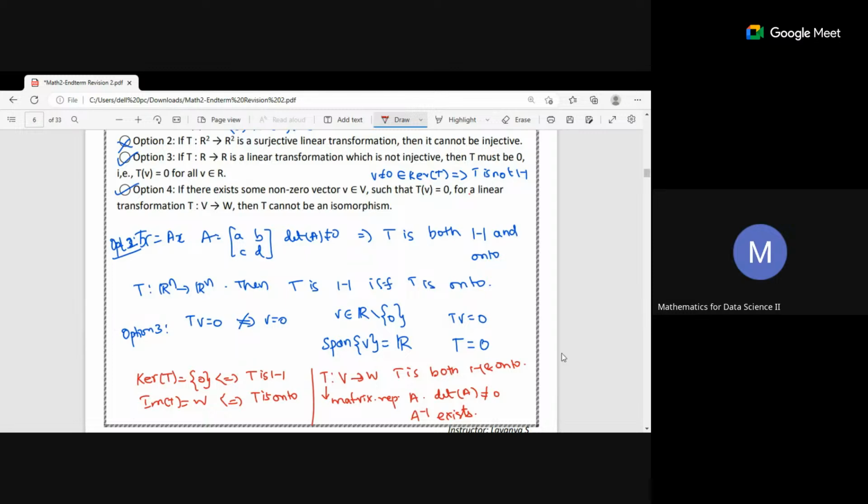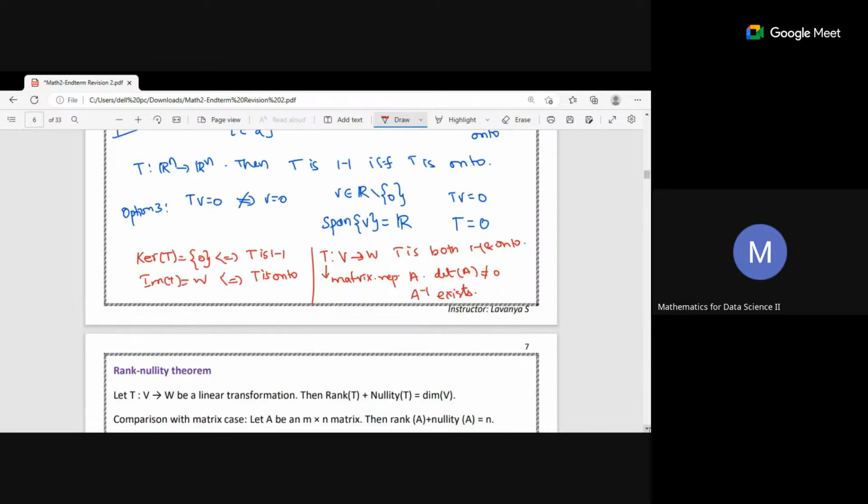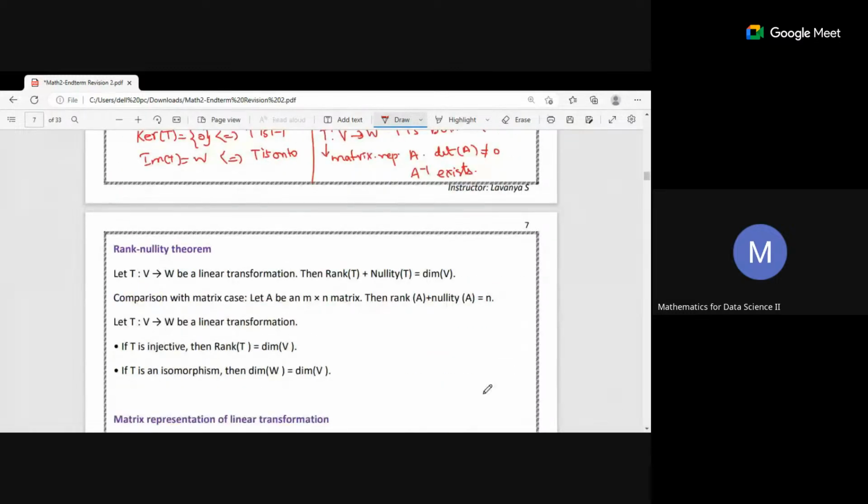Okay. Remember this. The rank nullity theorem says that rank of T plus nullity of T is the dimension of V. So if T is injective, rank of T is equal to dimension of V because nullity becomes 0. And if T is an isomorphism, dimension of V and dimension of W are the same. Okay, fine. And also here one more thing.